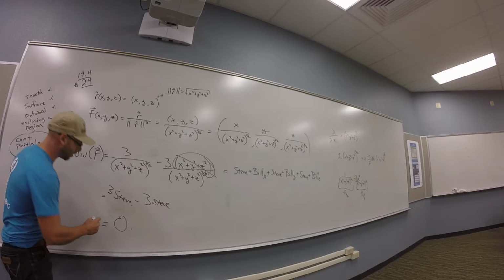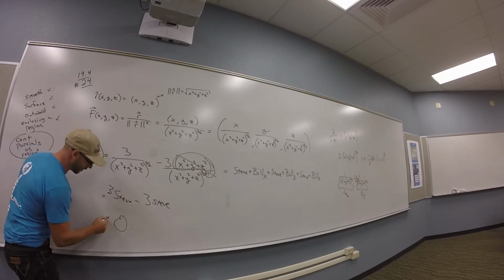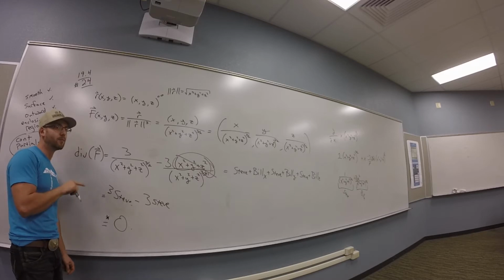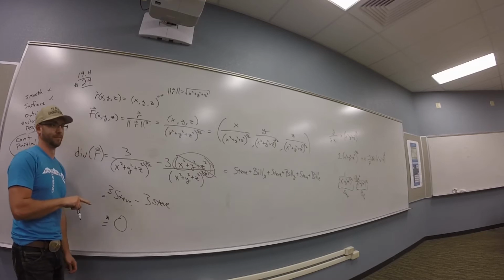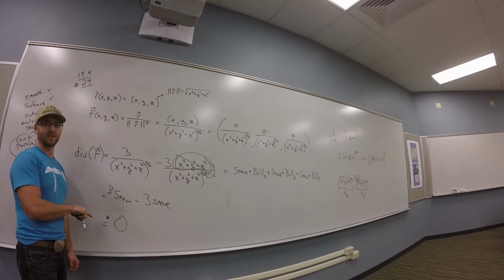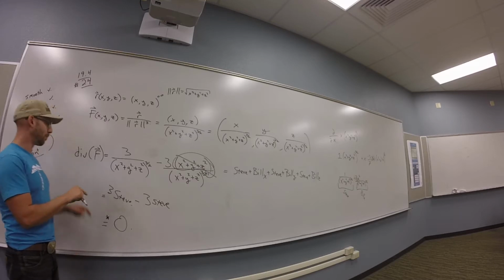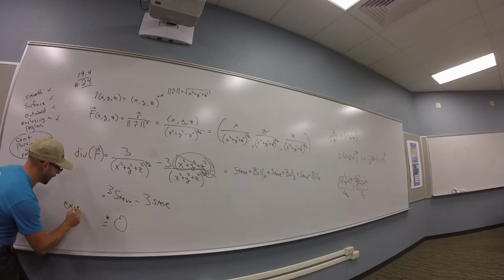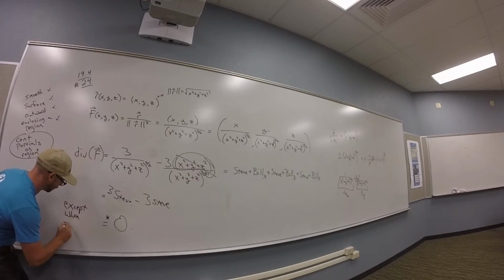So there's a little asterisk here on this equal sign where I simplified, that says, hey, I just modified the domain of my function. I just plugged a hole, right? You guys all see that? So there's a problem, except when x squared plus y squared plus z squared is 0.